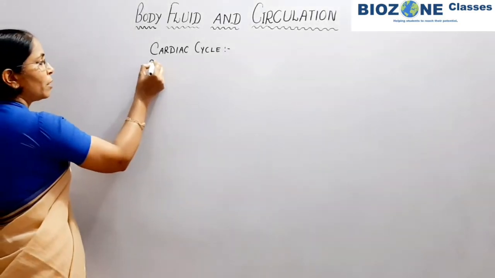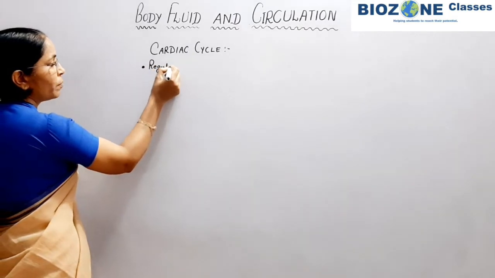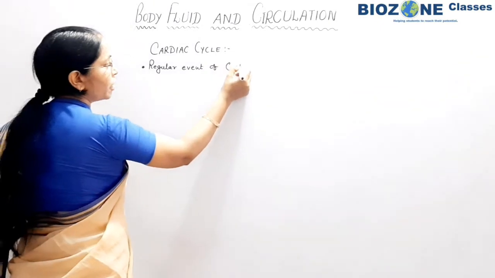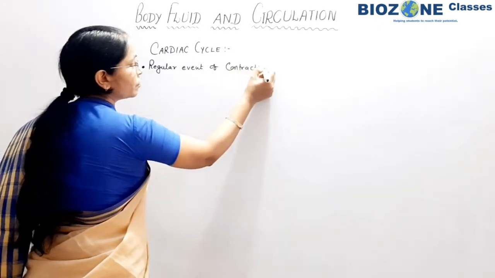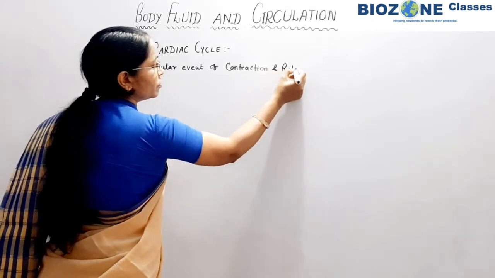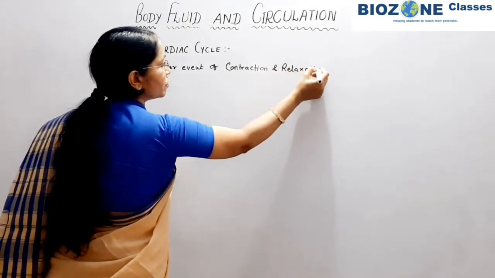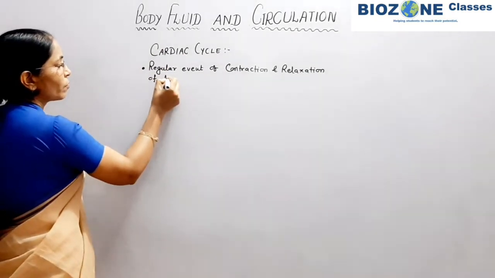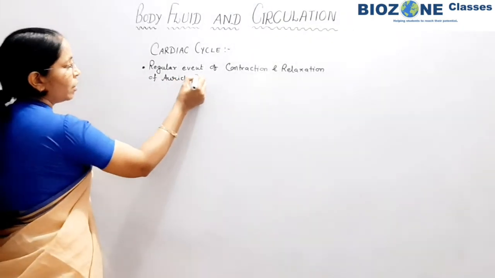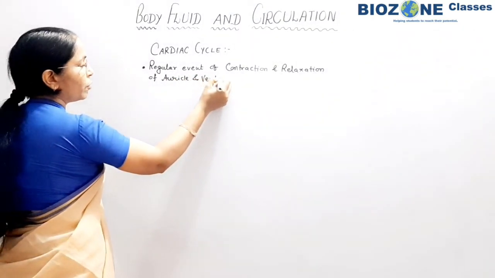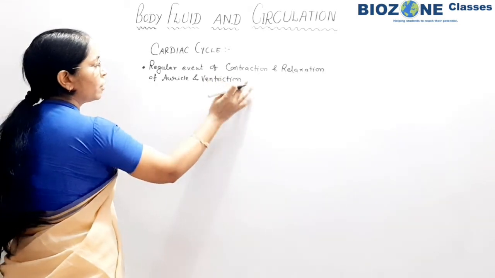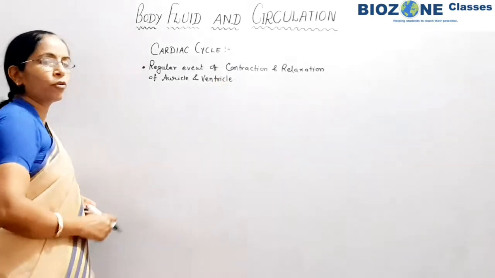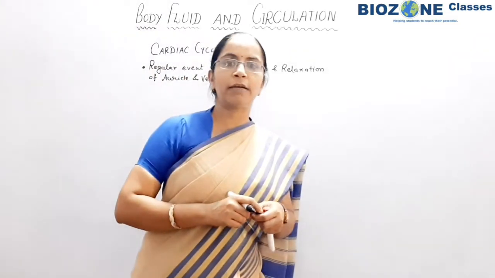Cardiac cycle, you remember, is a regular event of contraction and relaxation of auricle and ventricle. Whenever the contraction and relaxation takes place regularly in auricle and ventricle of the heart, then one cardiac cycle is completed.